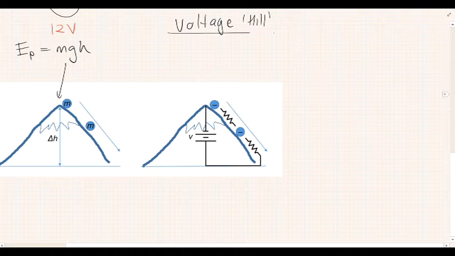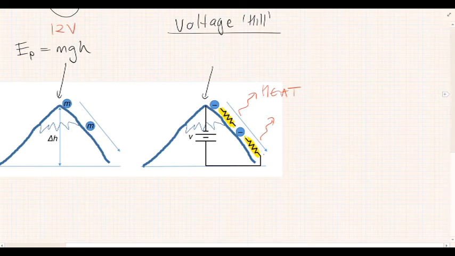And at the very top here, the electrons have electrical potential energy, and they have that from the power source. Now, as the electrons move through different components in the circuit, so as they move through resistors, they are going to give up some of that electrical potential energy, and it's going to be lost as heat through resistors.